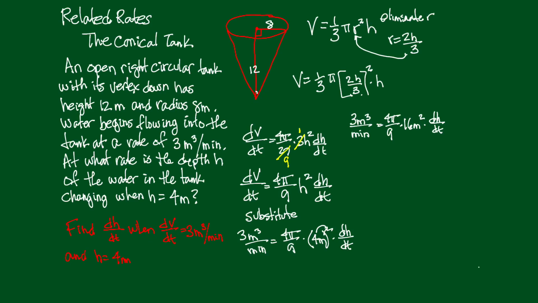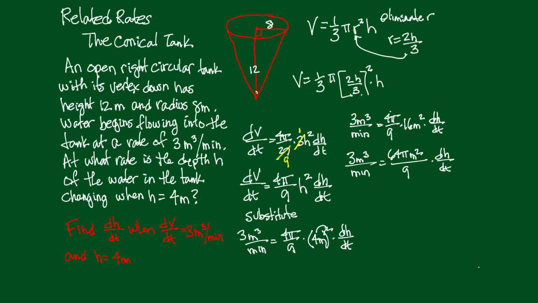So now we can simplify right here, right? The 4 times the 16. So we're going to get 3 cubic meters per minute. This is equal to now 4 times 16. 4 times 16 is 64 pi, but we have meters squared over 9 times dh dt.